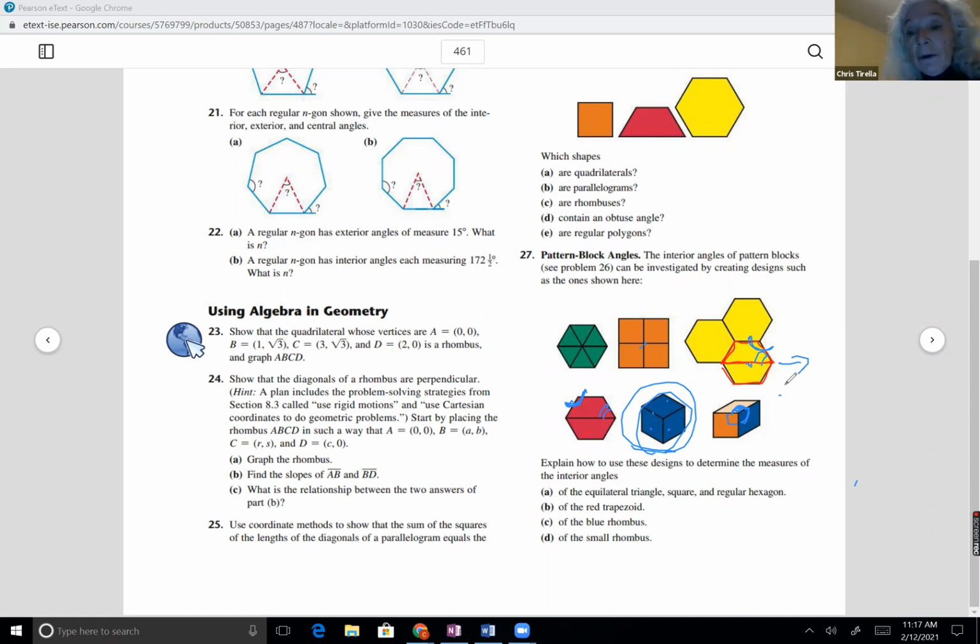If you take those three figures and stack them the way they're shown, you'll find that this angle up here is also going to be the same as the angle of the square. So it's using the manipulatives instead of math to come up with those measures by stacking figures on top of each other to find out what the angle measures are.